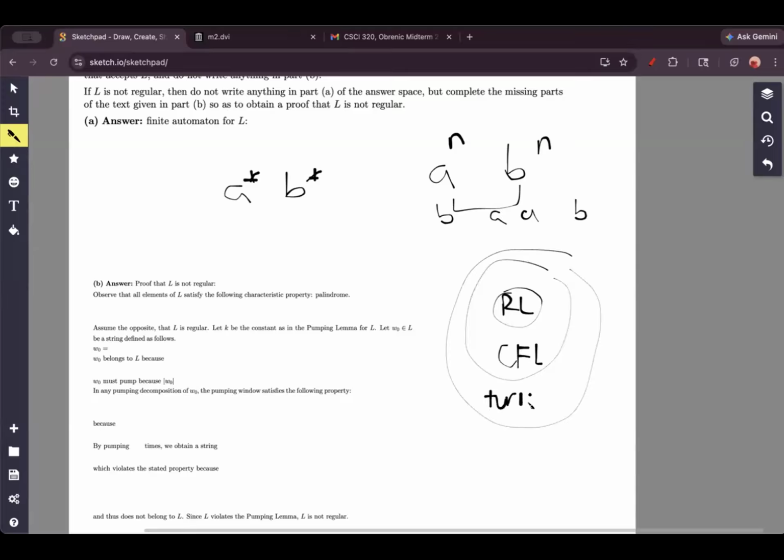There's a subset to this, but for the pumping lemma, just focus on regular languages and context-free languages.